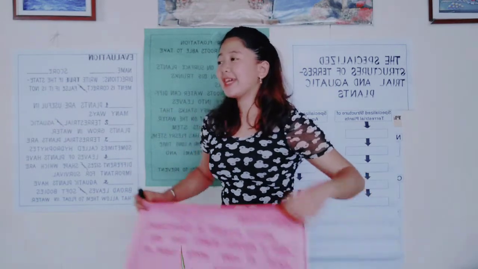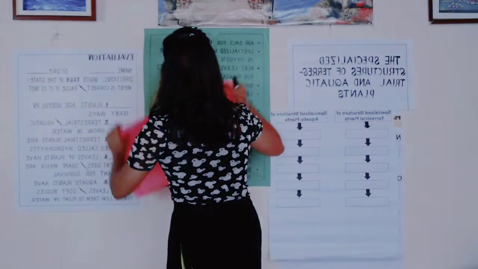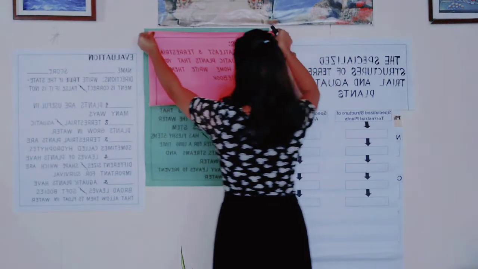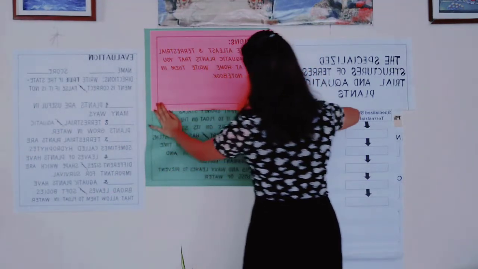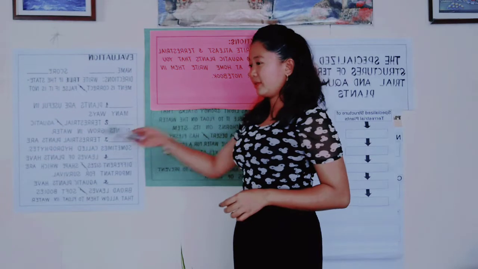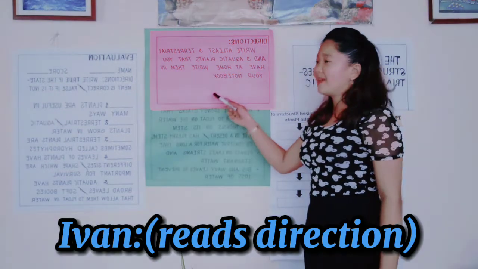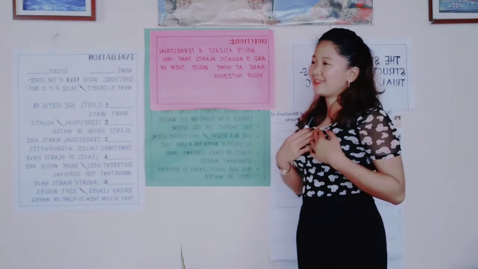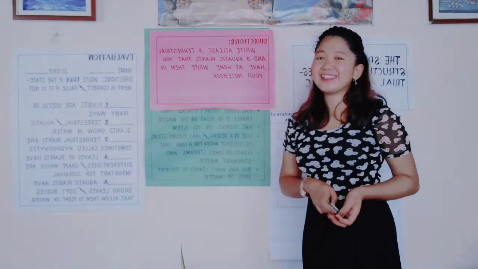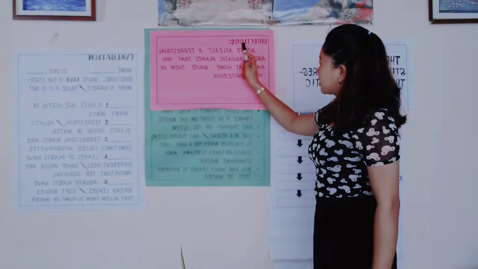So for your assignment, I have here. Okay, please read. Ivan. Thank you. I will read it again. Allow me to read it again, class. Directions.